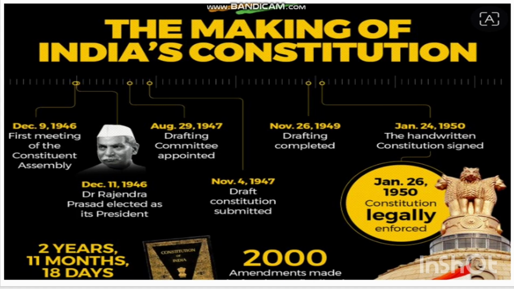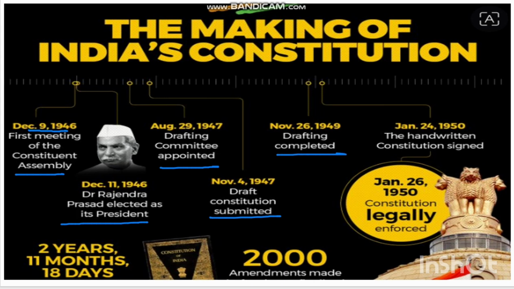On December 9, 1946, the first meeting of the Constituent Assembly was held, and on December 11, Dr. Rajendra Prasad was elected as President of the Constituent Assembly. On August 29, 1947, the Drafting Committee was appointed, and on November 4, 1947, the draft constitution was submitted to the Constituent Assembly with some committee members.